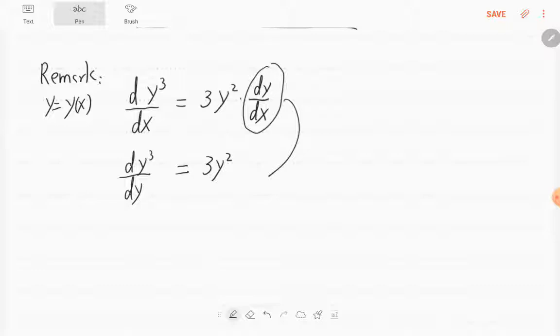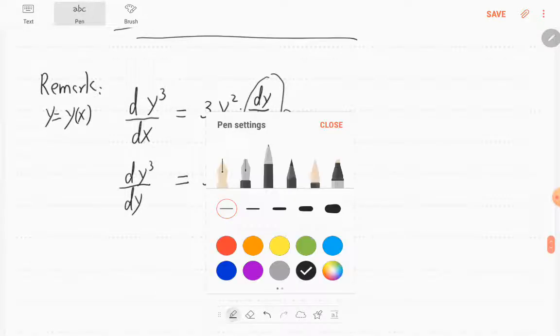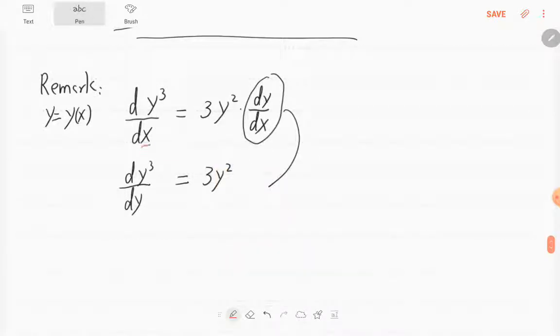The reason is the differential variable is different. Here, the differential variable is x; here it is y. So here you treat y as a function of x. Here you treat y as a variable.